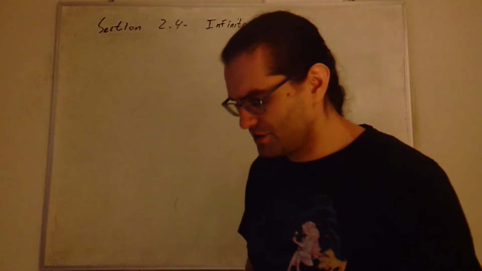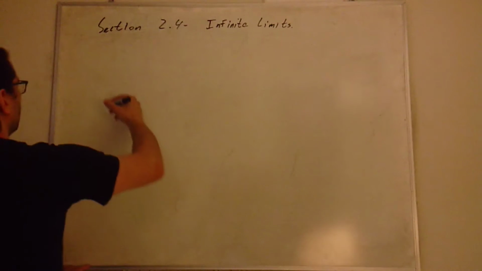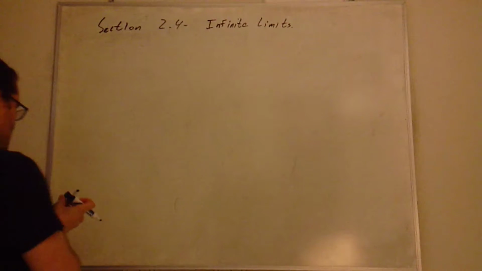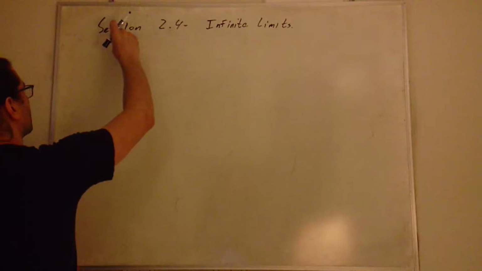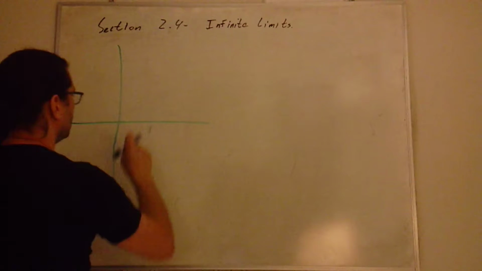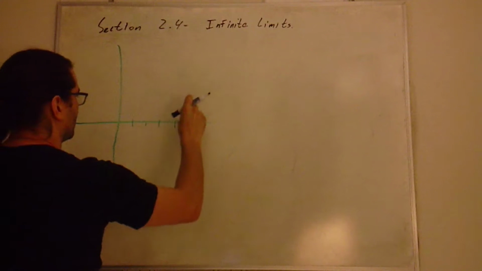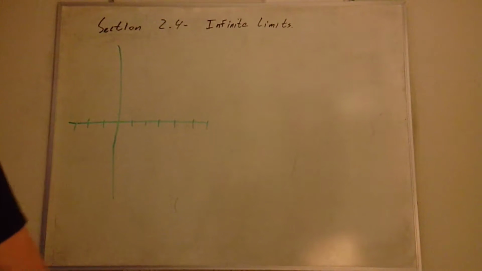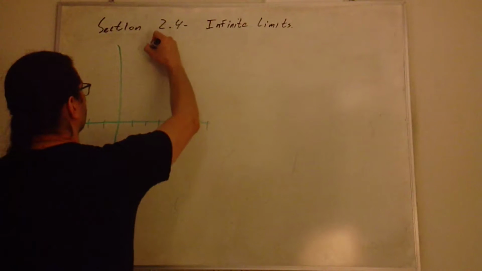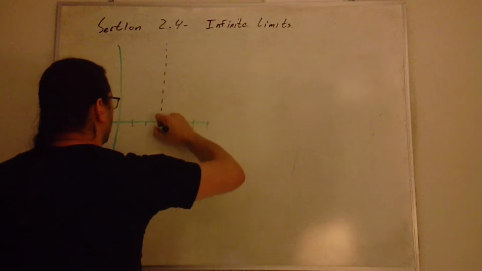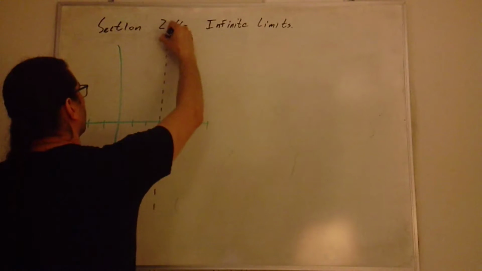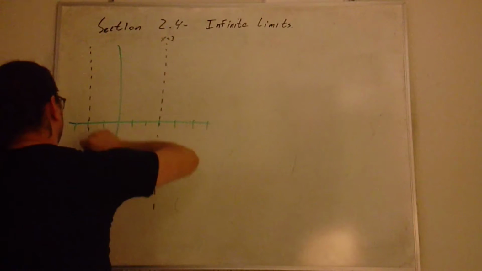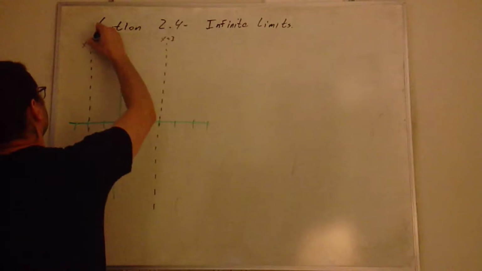So for starters, let's throw up a graph of a rational function so that we can talk about what these limits look like graphically, and then we'll talk about what to do with them analytically. Let's say we've got a vertical asymptote here at x equals 3, and maybe we've got another one back here at x equals -2.